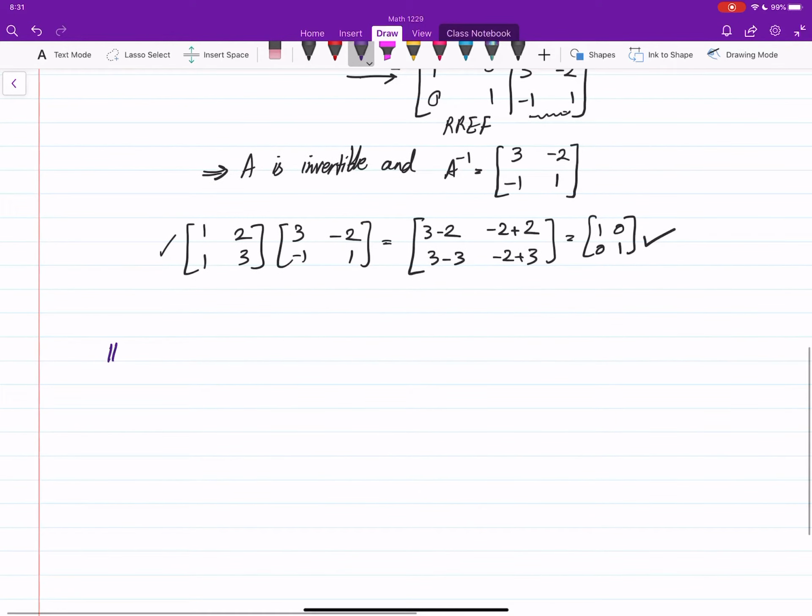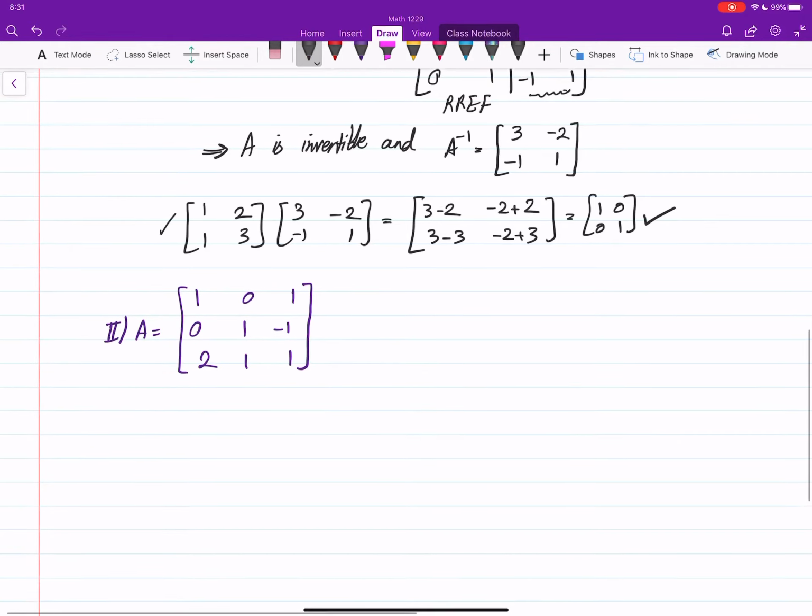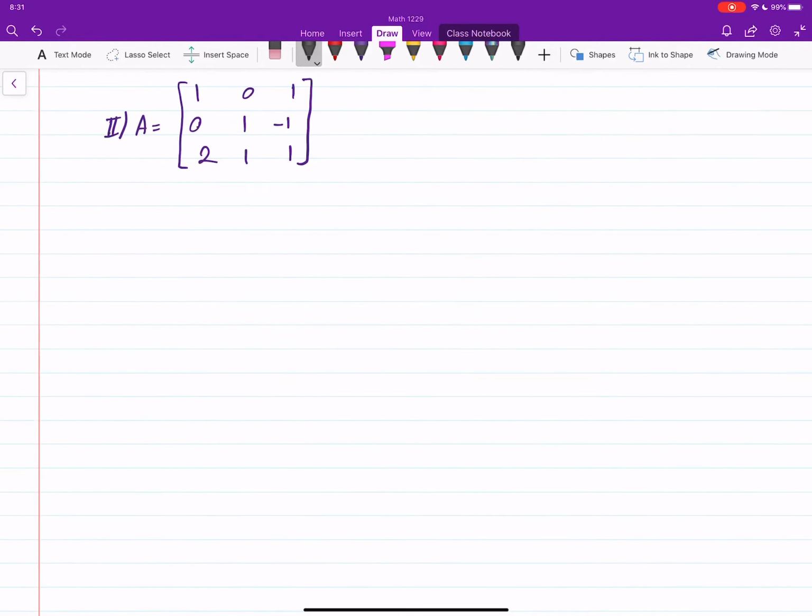Example 2. This time matrix A is a 3 by 3 matrix. Wow, this is nice. 1 0 1, 0 1 -1, 2 1 1. So we want to check if this is invertible or not. If it is invertible, find its inverse.